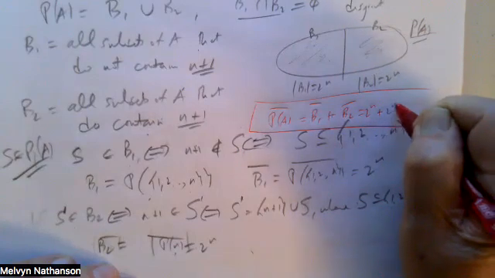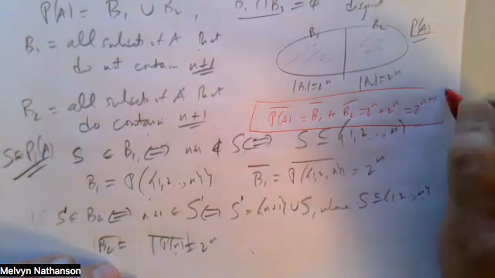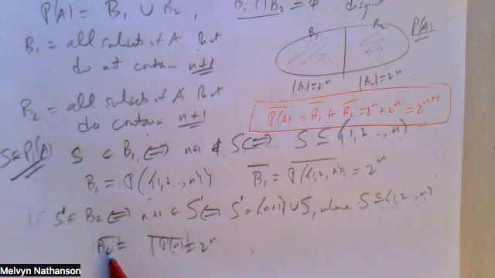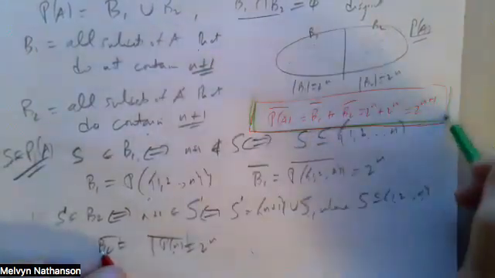That's 2 to the n plus 2 to the n, which is 2 to the n plus 1. That's the proof.